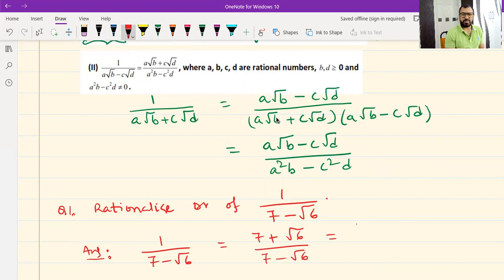This is equal to 7 plus root 6 by, the denominator is a plus b into a minus b, so you will get 49 minus 6. That's equal to 7 plus root 6 by 43.